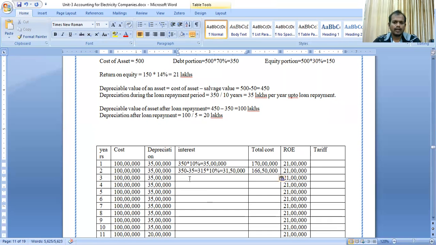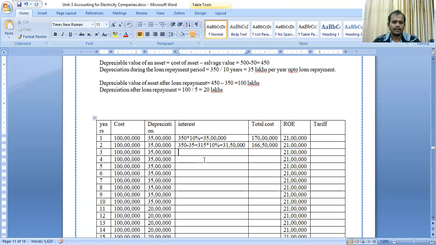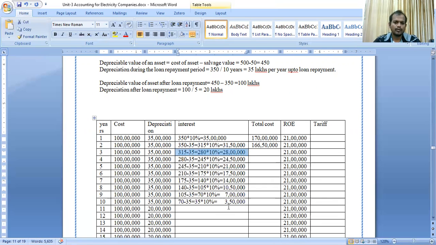Okay. So likewise, we have to calculate the interest for the rest of the period up to 10 years. So we have to deduct the 35 lakhs and then comes around 280. On 280, we have to calculate 10% interest. And again, in the next year, we have to deduct the 35 lakhs again.